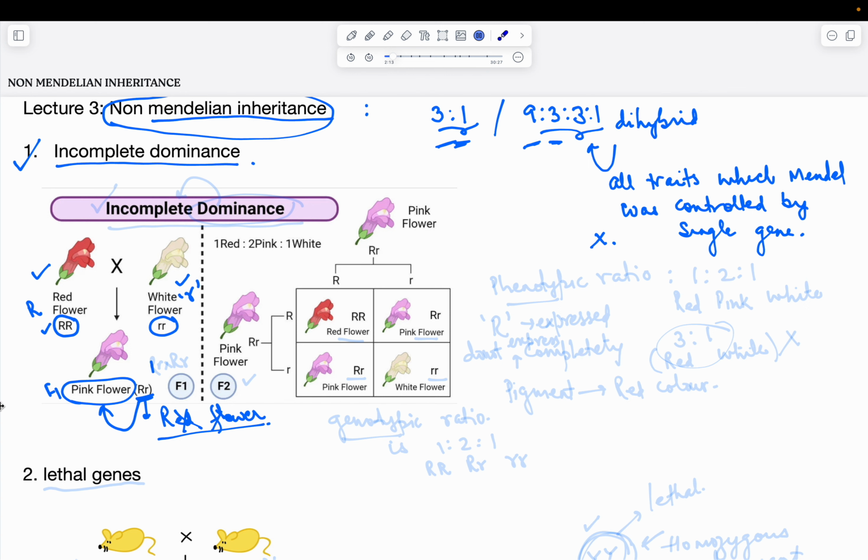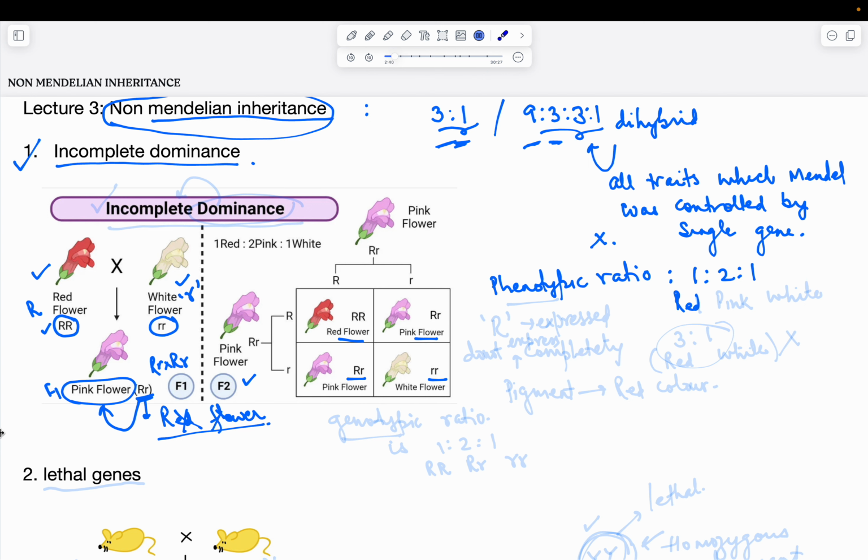When selfing was done in the F1 generation, the F2 phenotypes were red flower, pink flower, and white flower. So the phenotypic ratio in this case was 1:2:1.